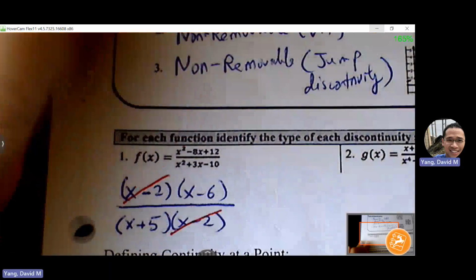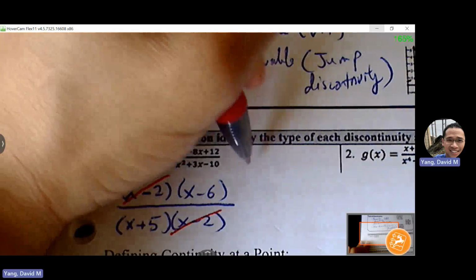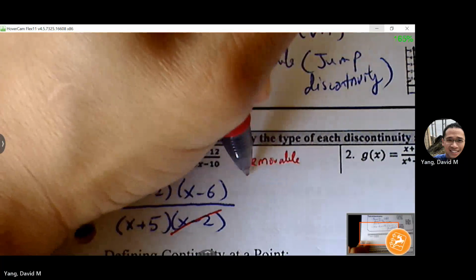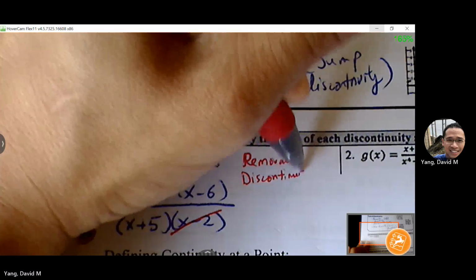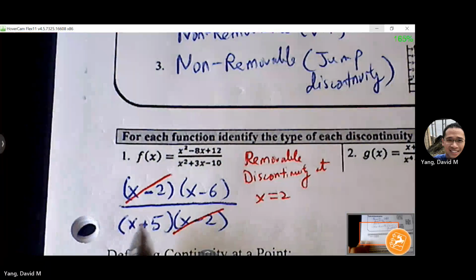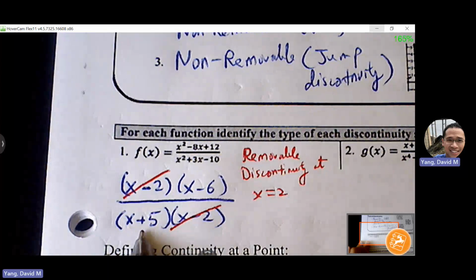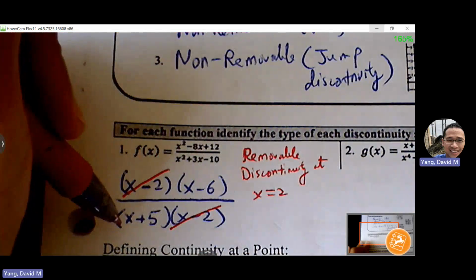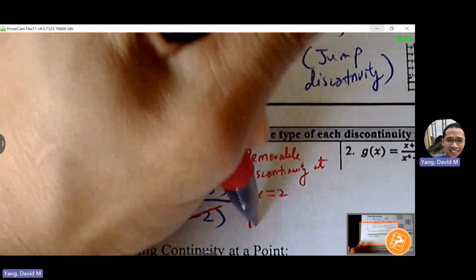And if there's a hole, we know that this must be part of a removable discontinuity. Anything in the denominator that does not cancel out is going to be your vertical asymptote. And because we know there's a vertical asymptote at x equals -5, we know that is a non-removable discontinuity.